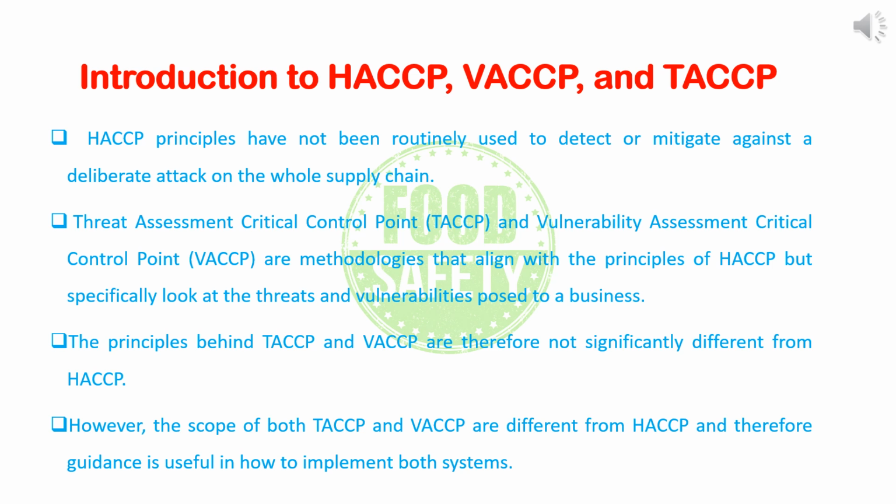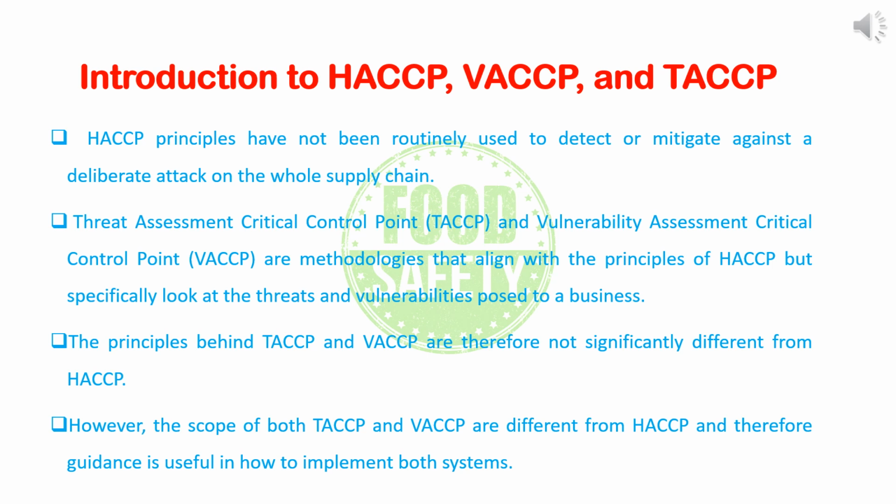Threat Assessment Critical Control Point (TACCP) and Vulnerability Assessment Critical Control Point (VACCP) are methodologies that align with the principles of HACCP but specifically look at the threats and vulnerabilities posed to a business. The principles behind TACCP and VACCP are therefore not significantly different from HACCP.